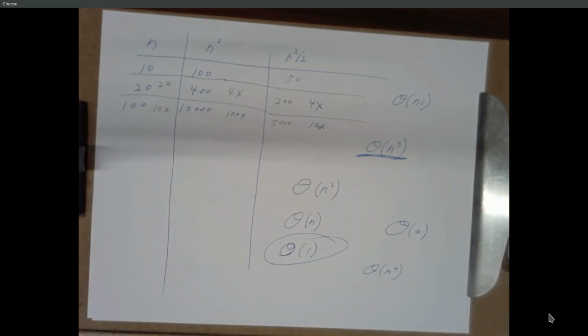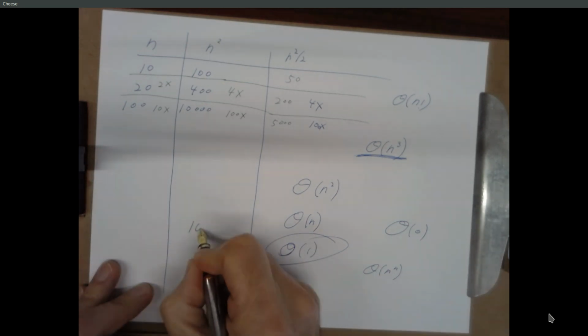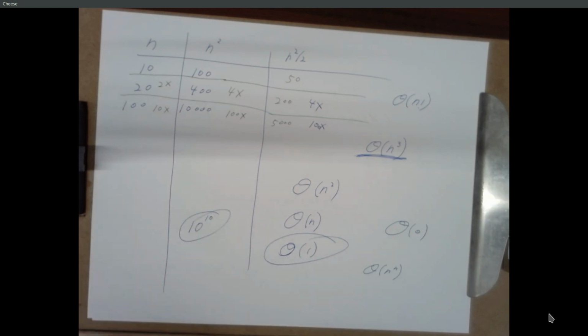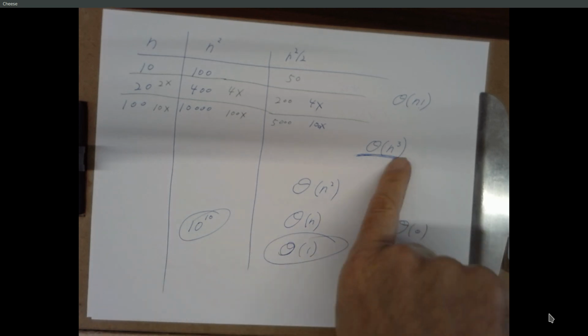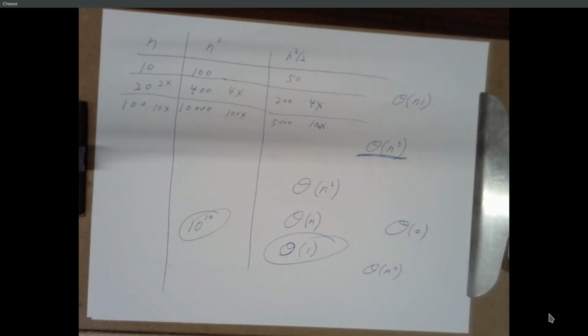So order n to the n is horrible. If you have 10 times as much data, just 10 times as much data, it takes 10 billion times longer to execute. So compared to that, n cubed is pretty sweet. But a lot of algorithms turn out to be this order n to the n, for example. And that's pretty horrible.